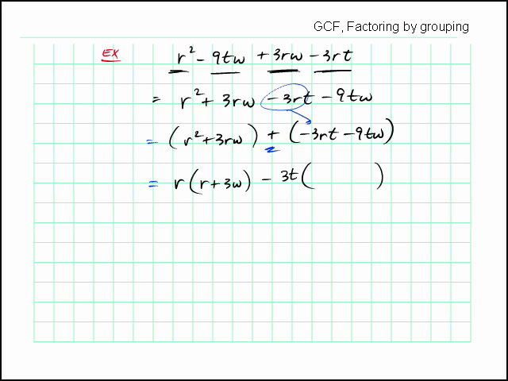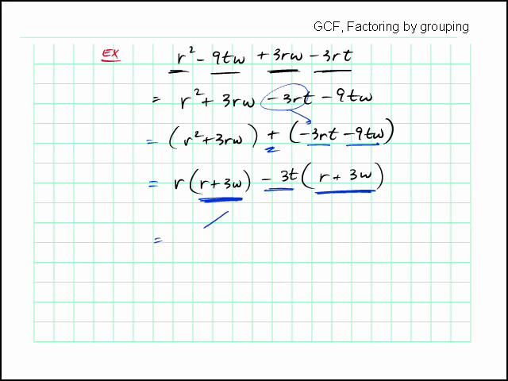And if I do that, negative 3rt divided by a negative 3t is an r. And a negative 9tw divided by a negative 3t leaves me with a positive 3w. Okay, it seems to be working because this term turned out to be exactly the same as that term.